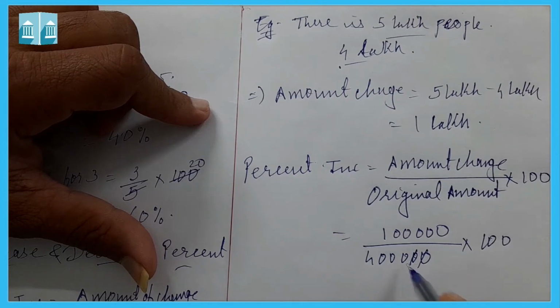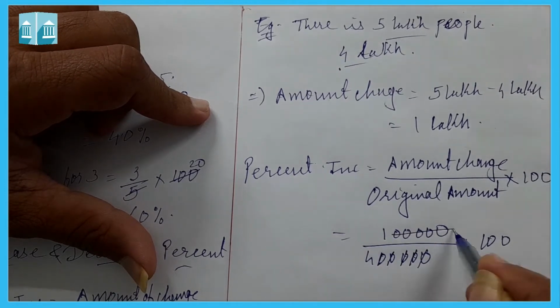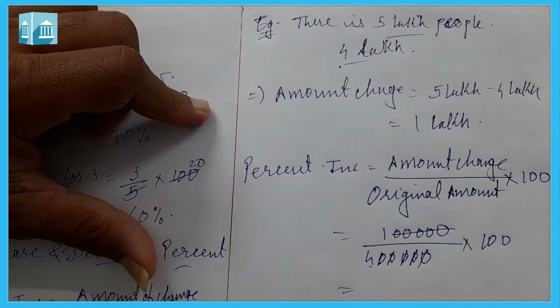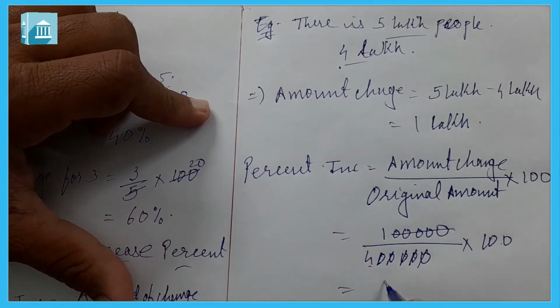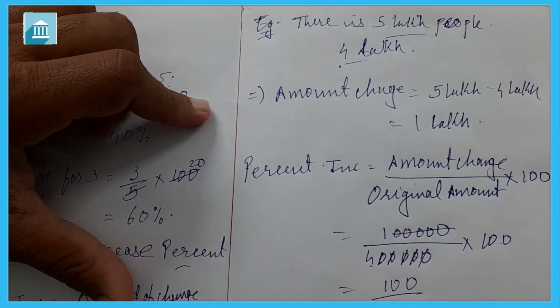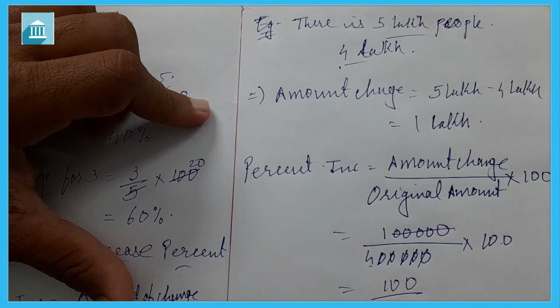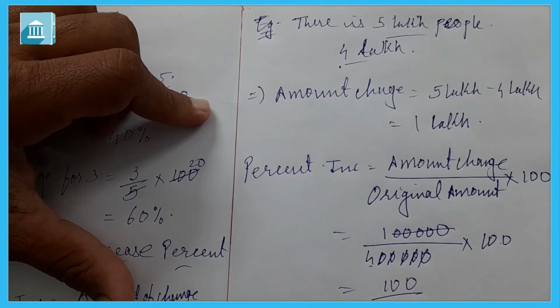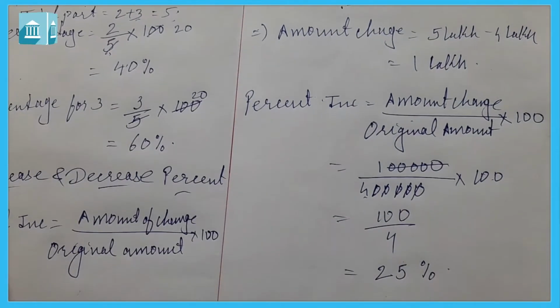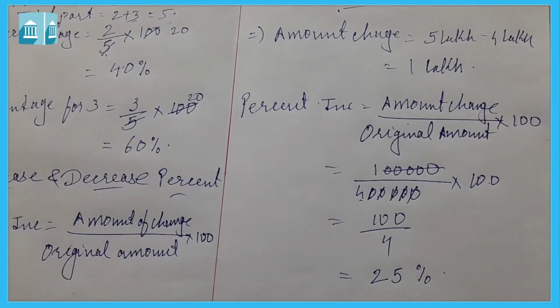The zeros cancel, so we get 100 upon 4, that is 25. So 25% is the increase. In this way we can find increase or decrease as percent.